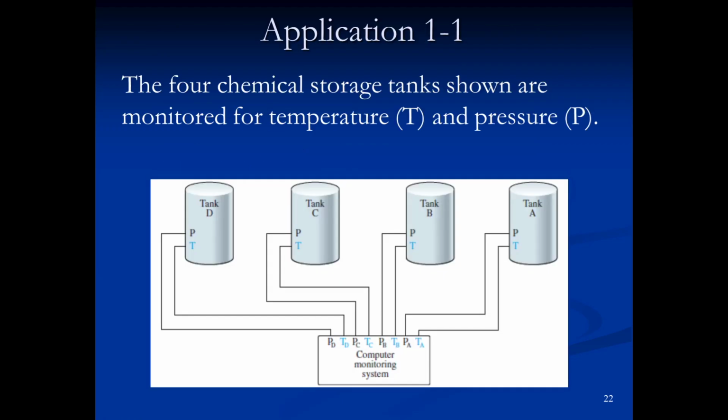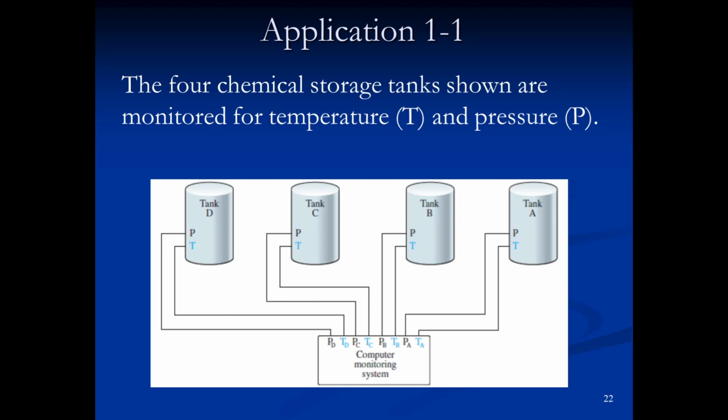The first being these 4 chemical storage tanks. So they're shown there. They're being monitored for temperature, T, and pressure, P. And you can see each tank's pressure and temperature sensors are leading into whatever monitoring system is tracking temperature and pressure.